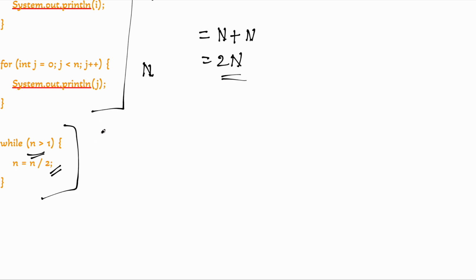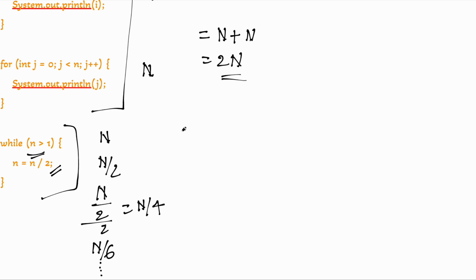So if n is something, in the next iteration it becomes n by 2, and in the next iteration n by 2 by 2, which is nothing but n by 4, and so on.